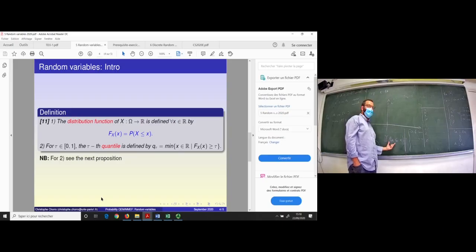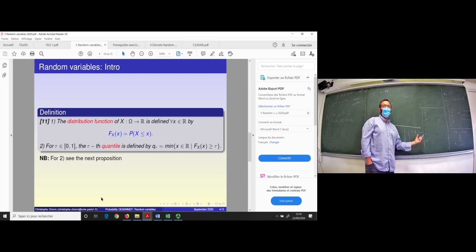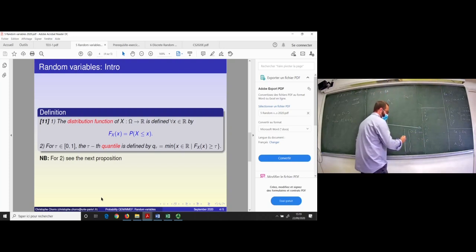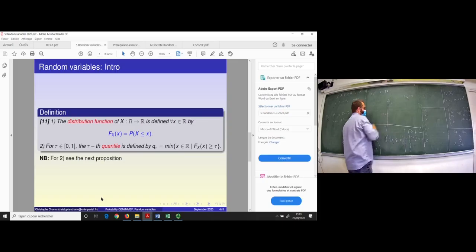So the probability that the indicator function is less than x in this situation is the probability to be in A complementary. Here my value is simply P of A complementary. I can plot it here. Imagine that P of A complementary is equal to this value between 0 and 1.